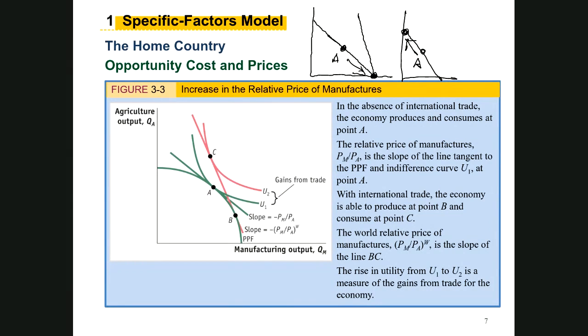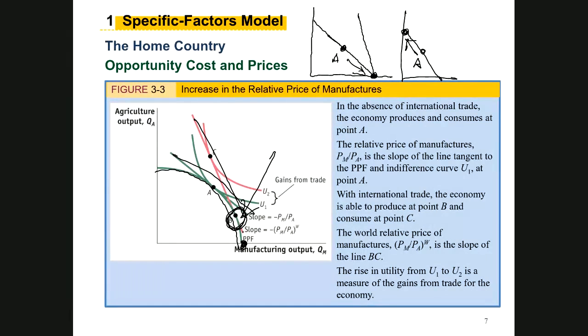The answer is no, and this is because diminishing returns play a role here. As you can see, the price changes after free trade. This part is the same as the Ricardian model. However, the production output no longer goes to the corner of the PPF here.